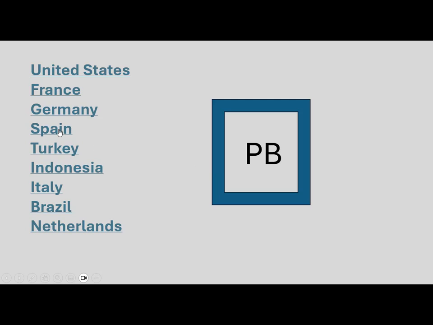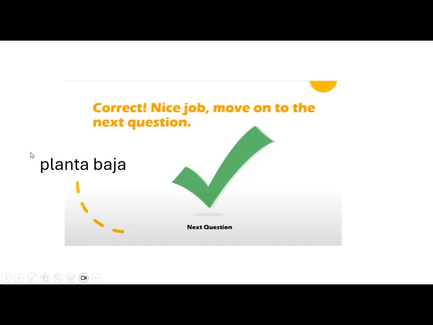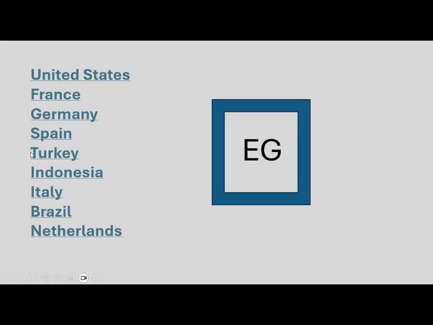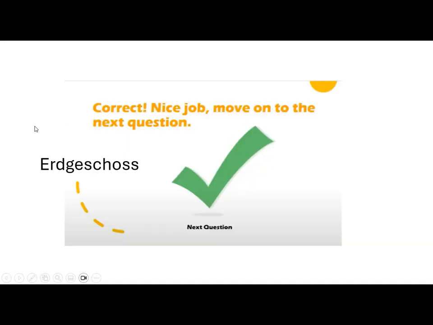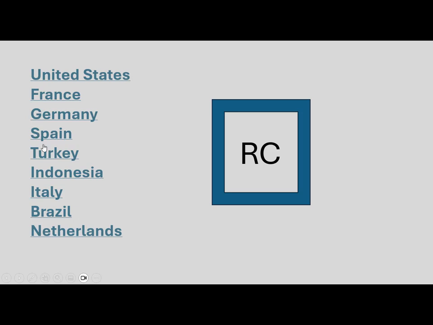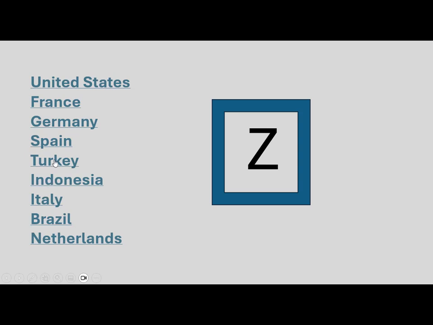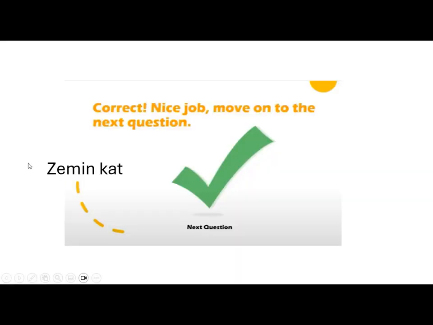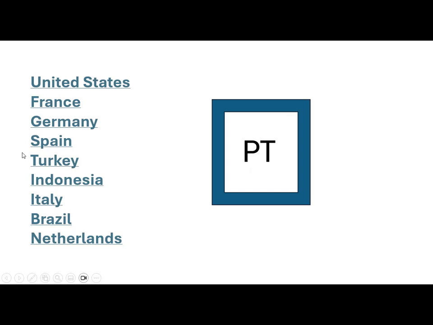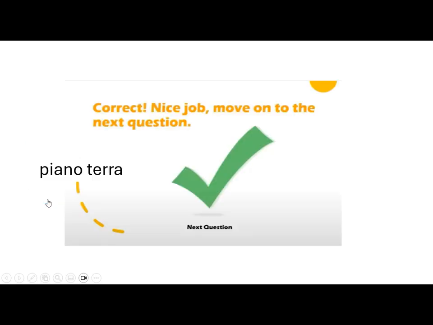Here we have to guess. This is either Spanish, planta baja. Then this is Germany, Erdgeschoss, and this is rez-de-chaussée, France, and this is Turkey, Zemin Kat, and here is a bit difficult.